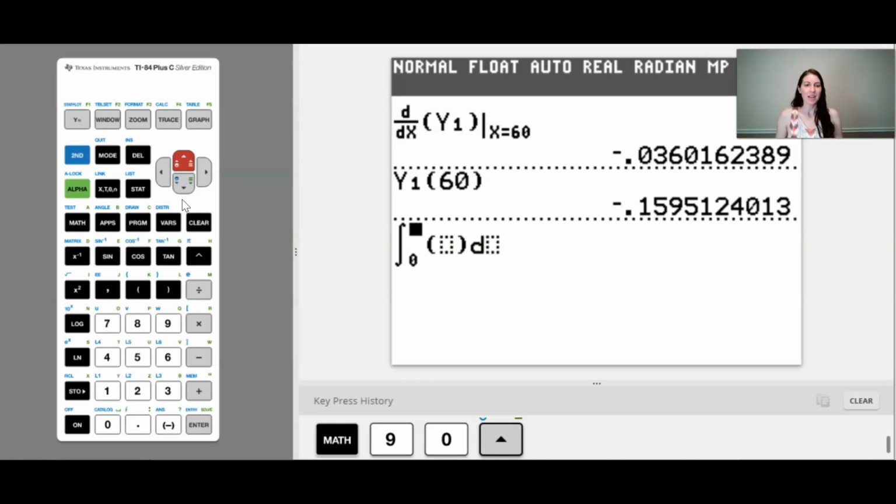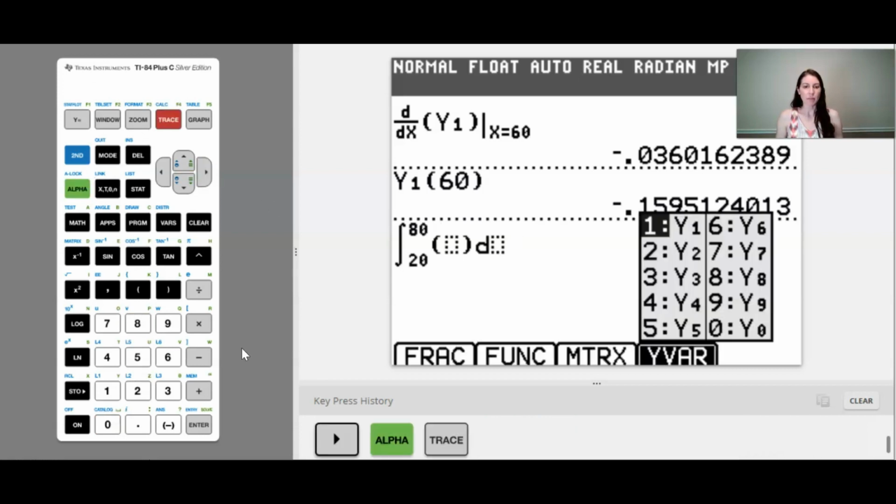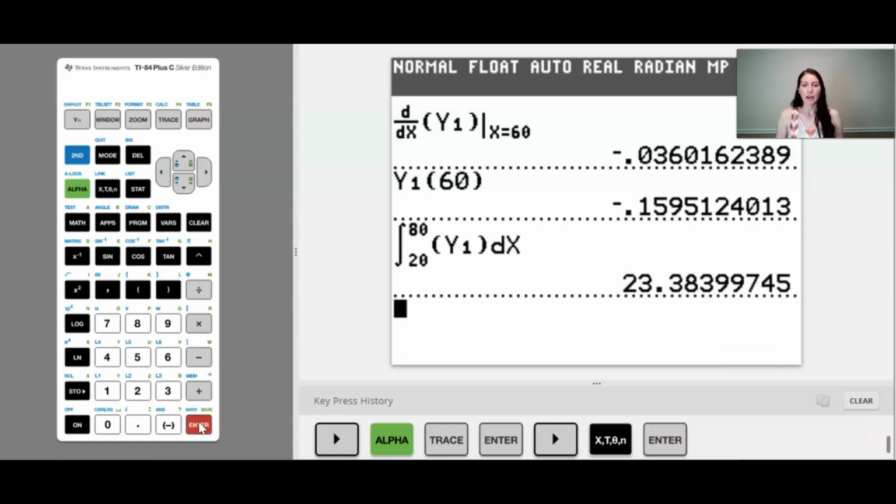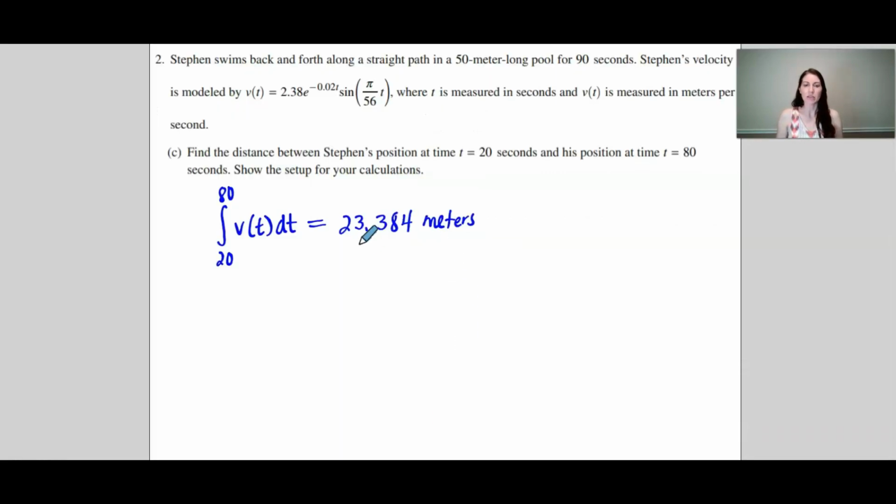Let's try that again. I need to go down here and go from 20 to 80, and that's the velocity function, so I've got it up here as y1, and there we go. That's going to be our distance between those two time values. That's how I got that. And this was meters because you were finding distance.